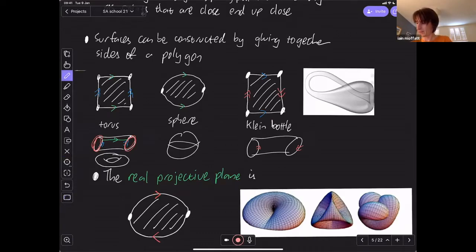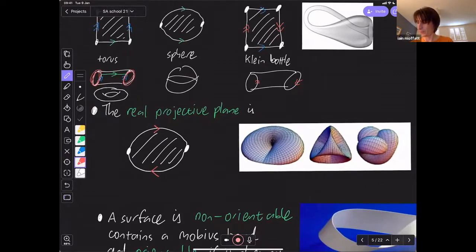This is going to give me the real projective plane. Again, this is a shape that I can't realize in 3-dimensional space. What's happening here is I've got my disk, and I'm going to glue this point here to this point here, this point to this point, this point to this point, and so on.